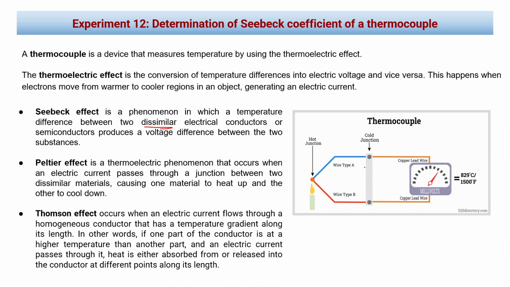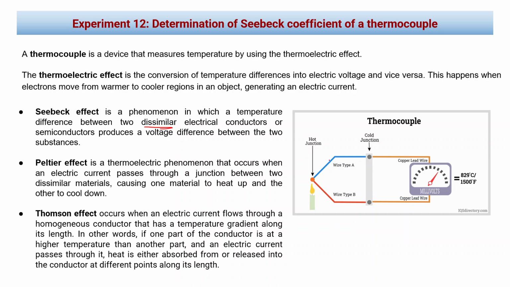Here I am supplying heat, right? So the electrons at this particular junction, which is common between both wires, will gain that energy and they will try to move, right? They will try to move in this wire and in this wire also.